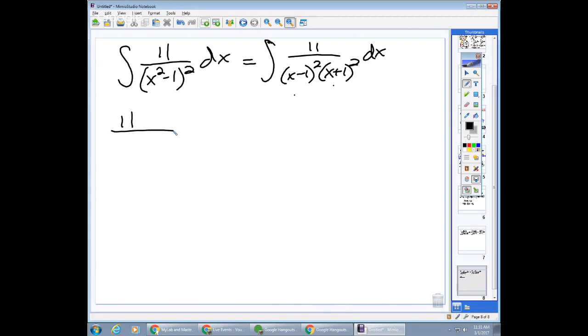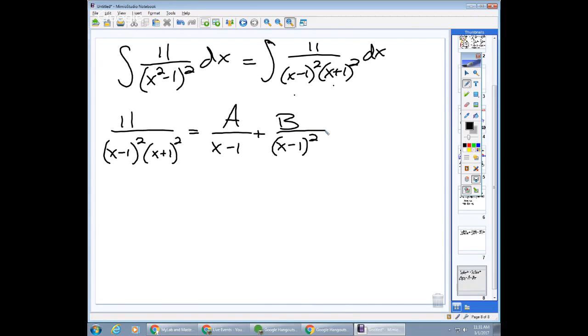So 11 over x minus 1 squared times x plus 1 squared should be equal to a over x minus 1 plus, let's call it b over x minus 1 squared, plus c over x plus 1 plus d over x plus 1 squared. Yeah, so we have to have descending powers of each factor of the bottom.